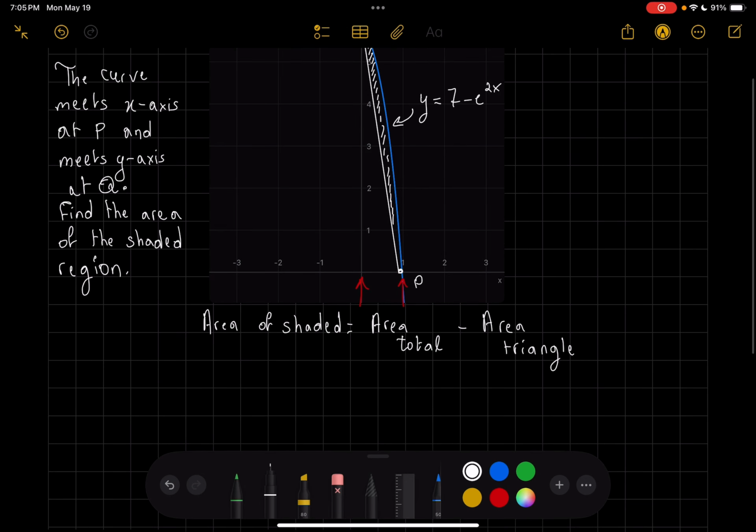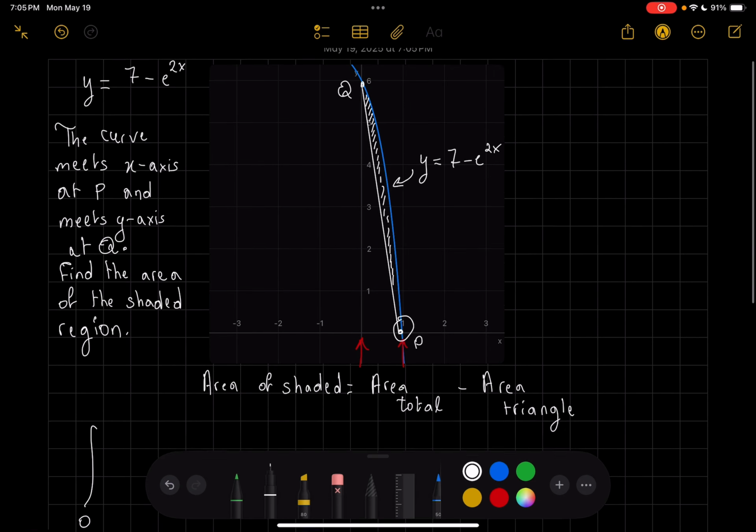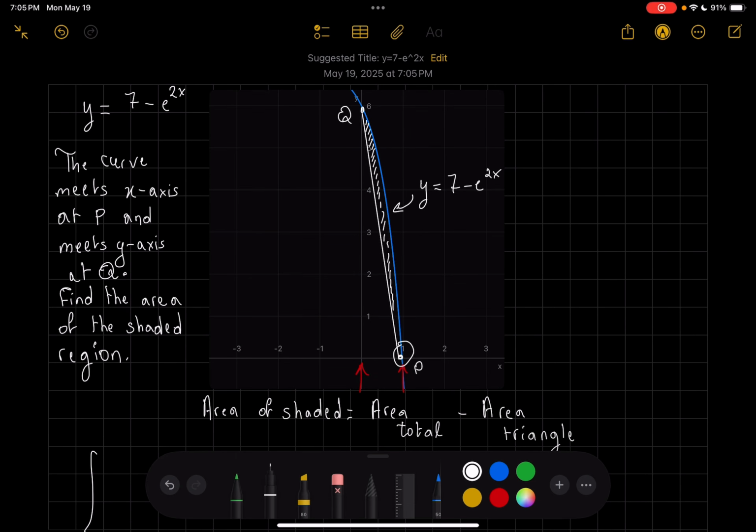The total area is going to be the integration from 0 to what? Now it looks like 1. I know it looks like 1, but maybe you're not going to see that it is clearly 1. So what are we going to do? We're going to find the x-intercept of this function. The x-intercept means that y is equal to 0, correct?